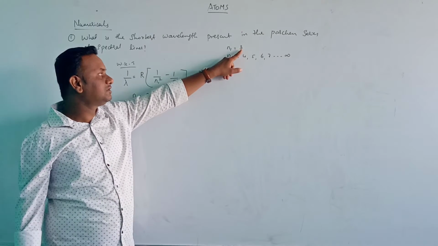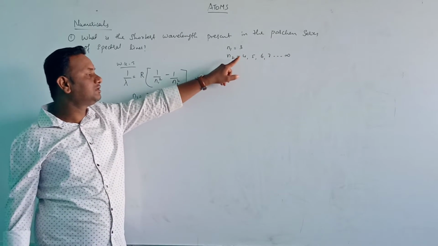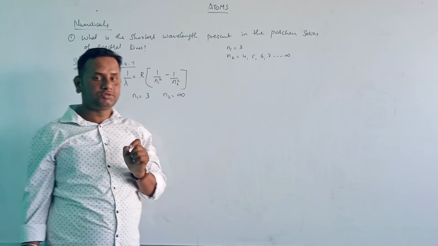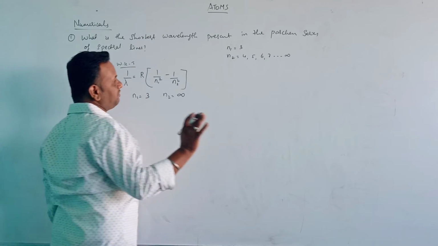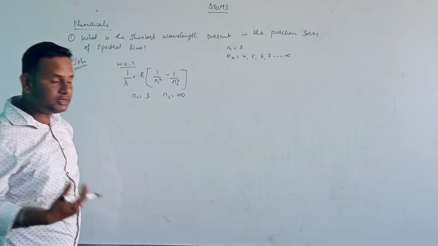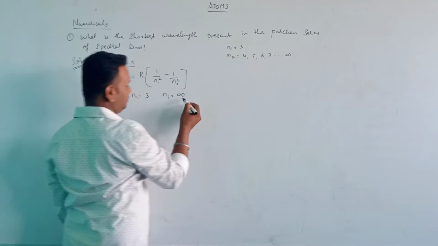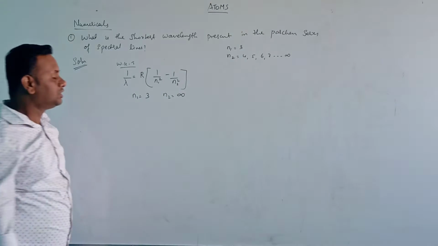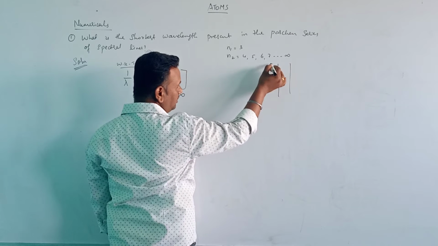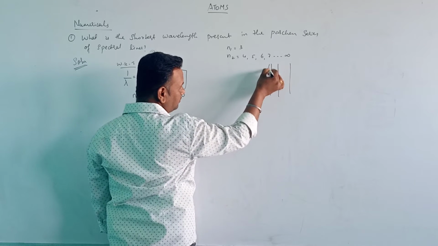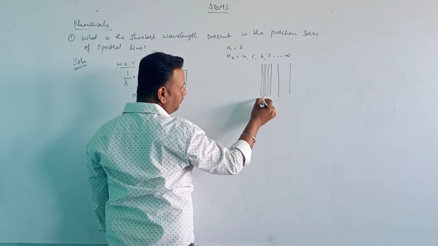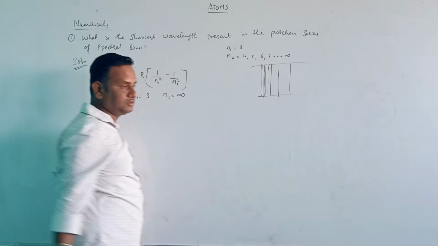Here n1 is the lower orbit, n2 is the higher orbit. If the longest wavelength is asked, you should take the n2 value as 4. For the shortest, the n2 value is infinity. When we observe spectral lines, the spectral series lie very close to each other in decreasing order of wavelength.